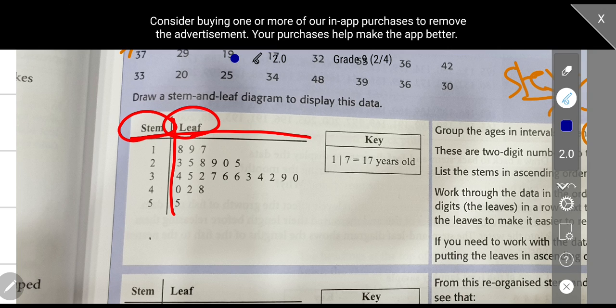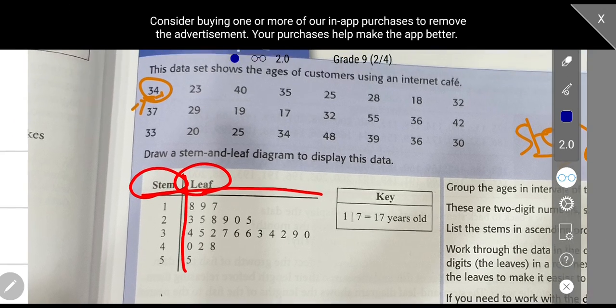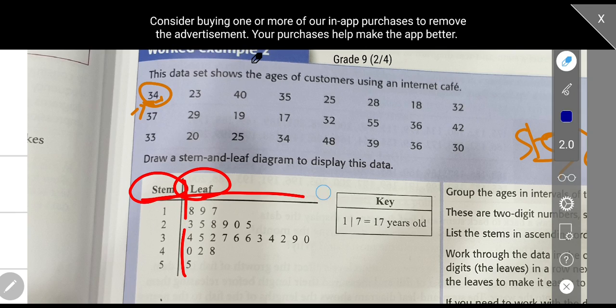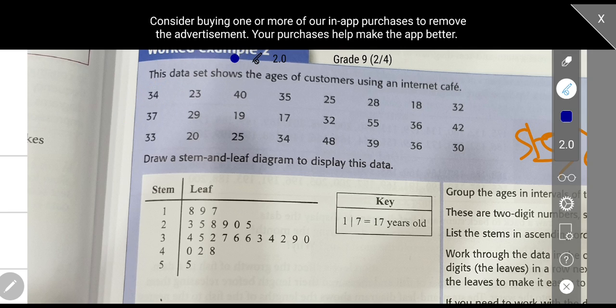Now, how will we write the leaf? If I take the number 34, what's the stem? 3. So I will go to 3 here. And what's the leaf? 4. I will write the first one here, beside it.